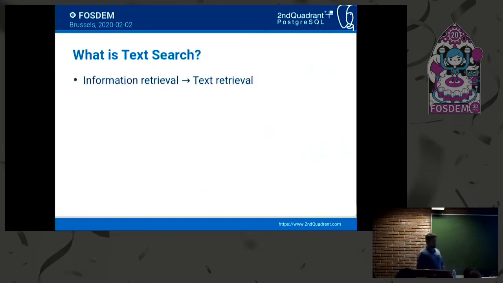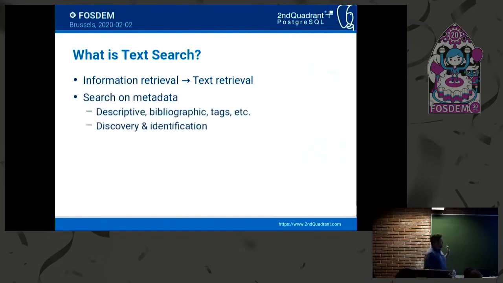So what is text search? We're talking here about information retrieval and more specifically text retrieval. This is a well-known domain, and we mainly use it for searches on metadata, which can be descriptive, bibliographic, or tags tagging objects, and are used for discovery and identification.